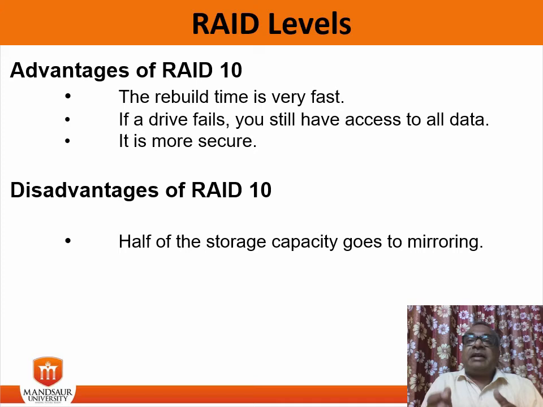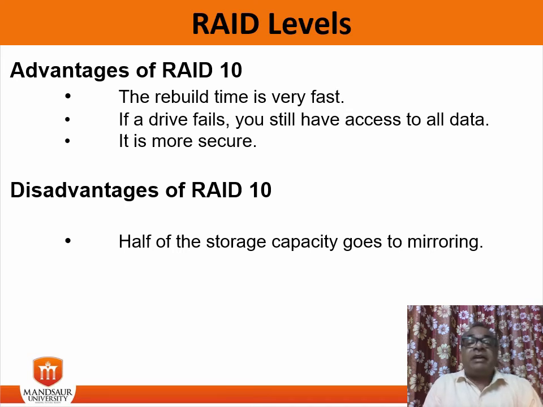This can take approximately 30 minutes for one drive of 1 TB. So if a drive fails, we still have access to all of the data, and it is more secure.